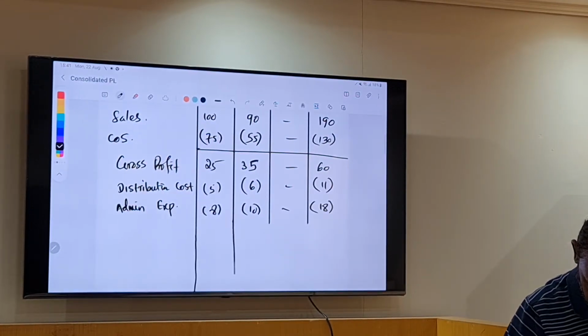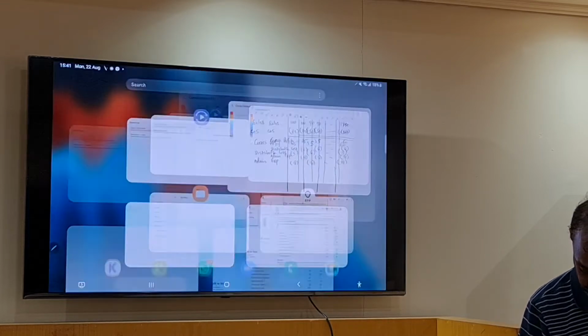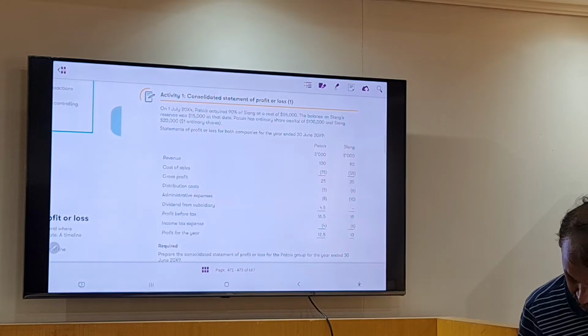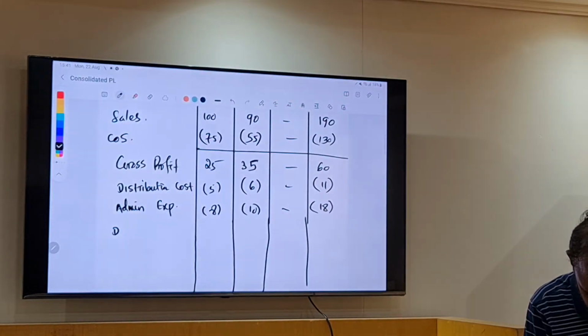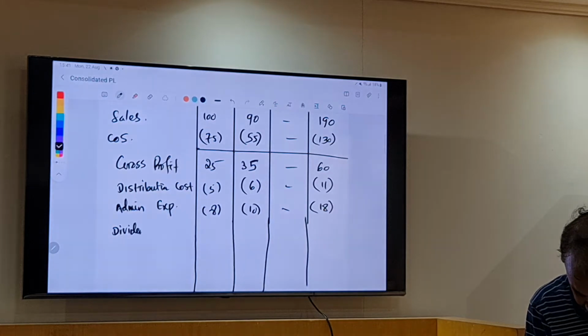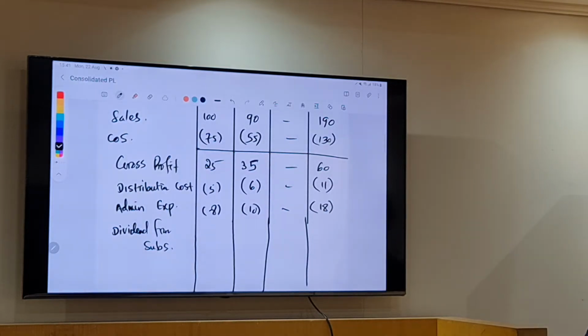Dividend receipt. Is that another dividend? We come to that, one by one we go. So now, dividend from subsidiary. This is the intercompany transaction. Who is paying dividend to you? Subsidiary paying to parent.